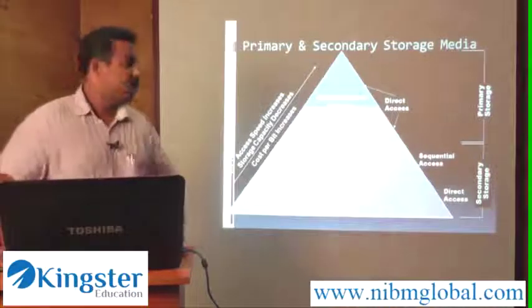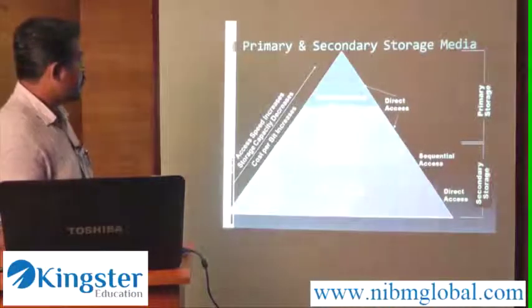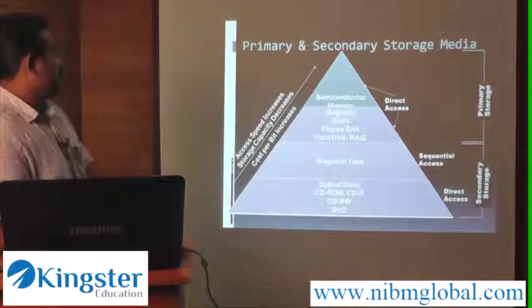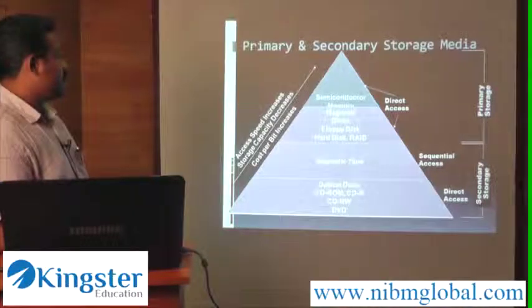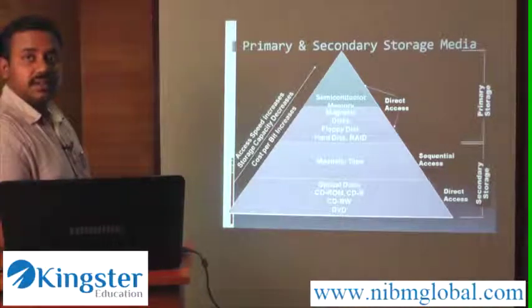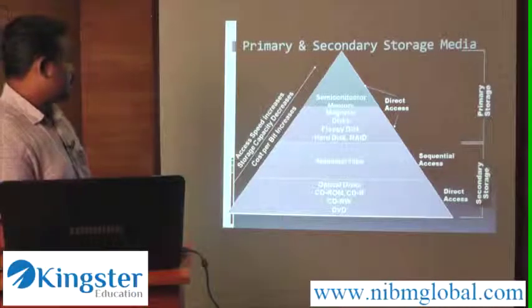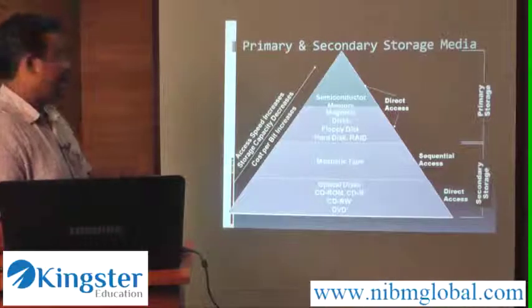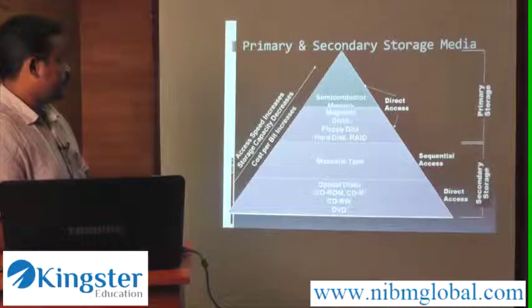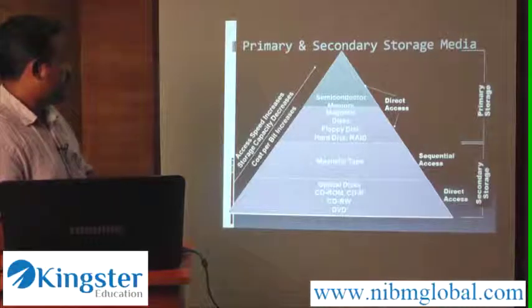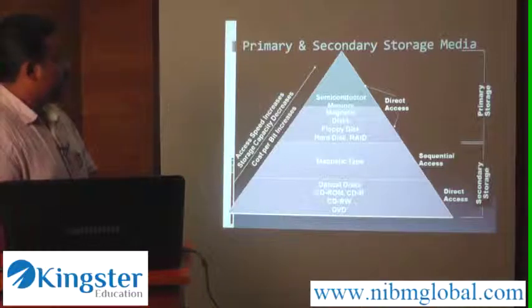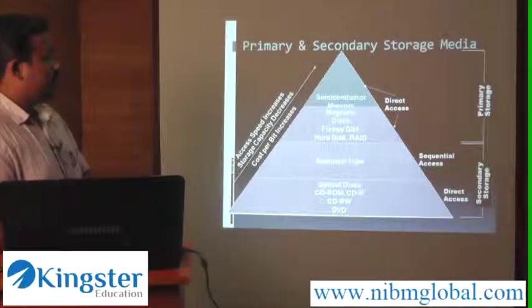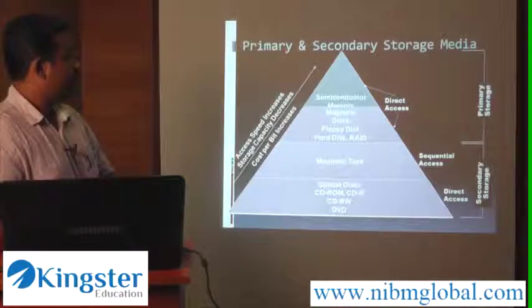These are the primary and secondary storage media. On the left side, as we move up, we are looking into the components such as access, speed, storage capacity, durability, cost, etc. The first we had semiconductor memories which had direct access, and they are considered to be primary storage.